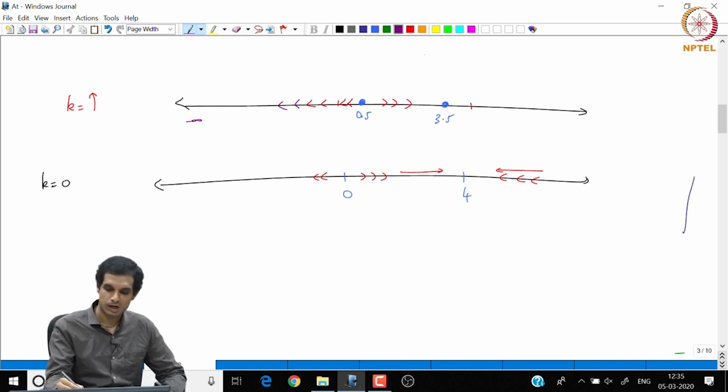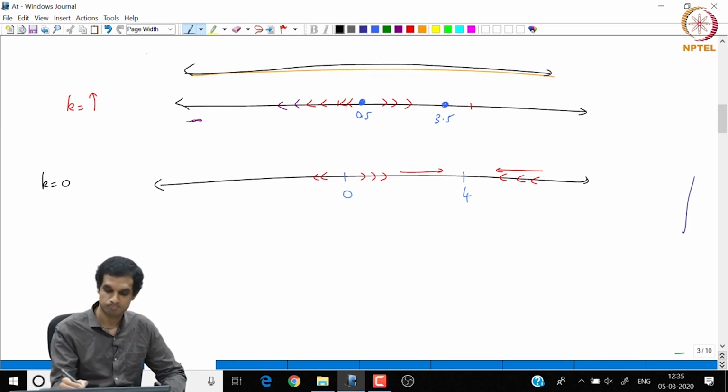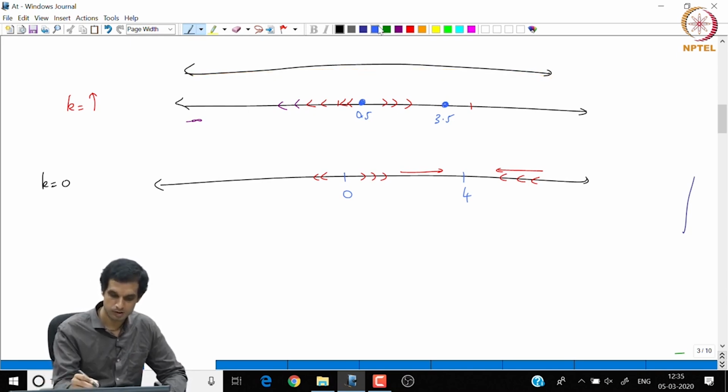So we see that as k increases further, these two equilibria get even closer, which becomes worse. So this is again 0 and this is 4.